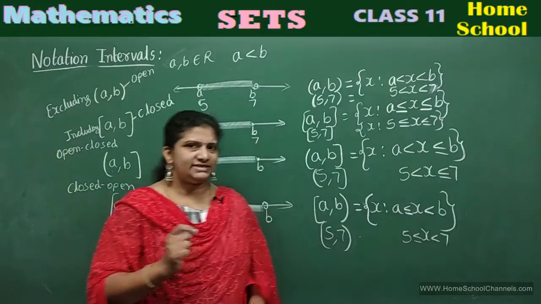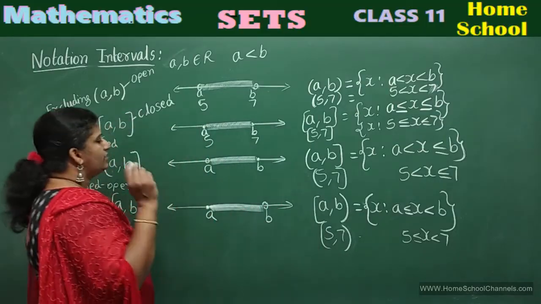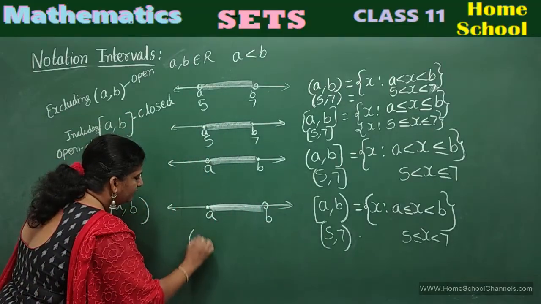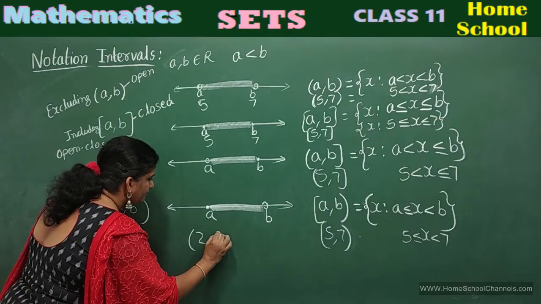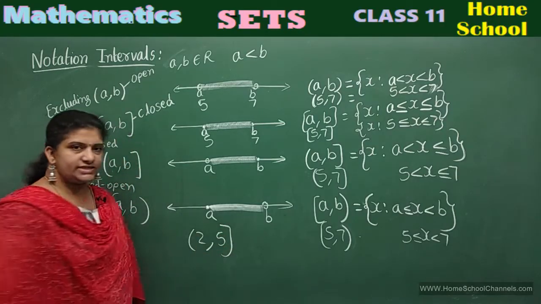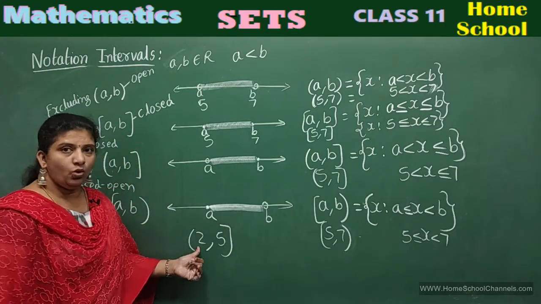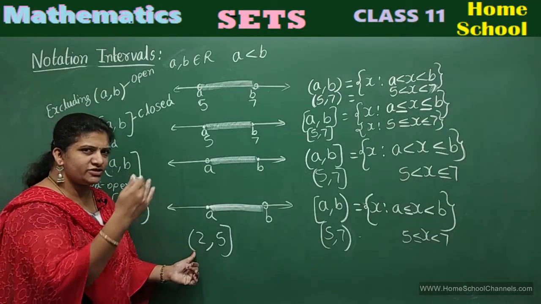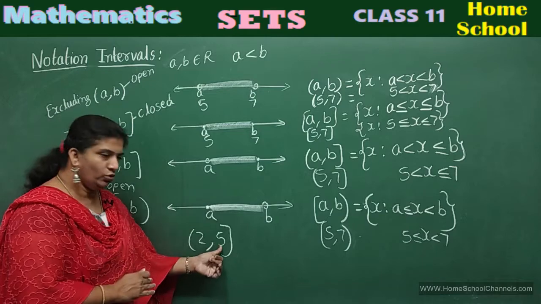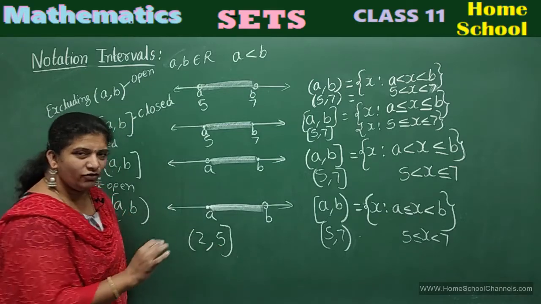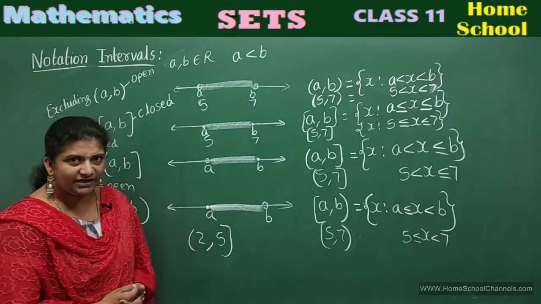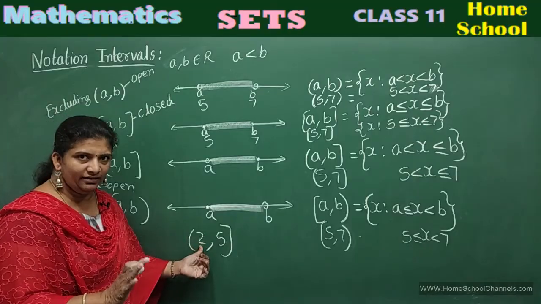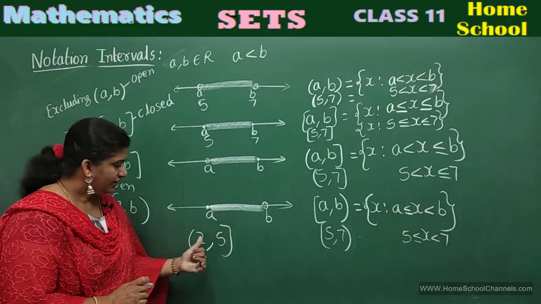Okay, let us take one more example here. Suppose I take it like this. So tell me, 2 won't be there, right? 2.00001 to 5. Right? What are all the elements you need to write here? 2 won't be there, but 5 will be there.